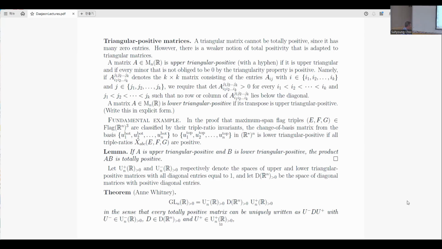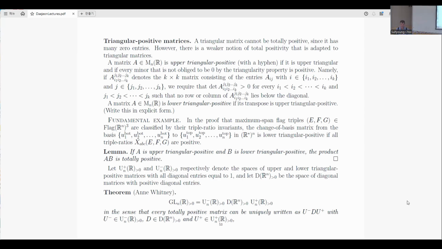Okay, and then another example is that if you have A, which is upper triangular positive, and B, that is lower triangular positive, then if you take the product of two triangular matrices where all the non-zero entries are positive, then all the entries of the product are positive.